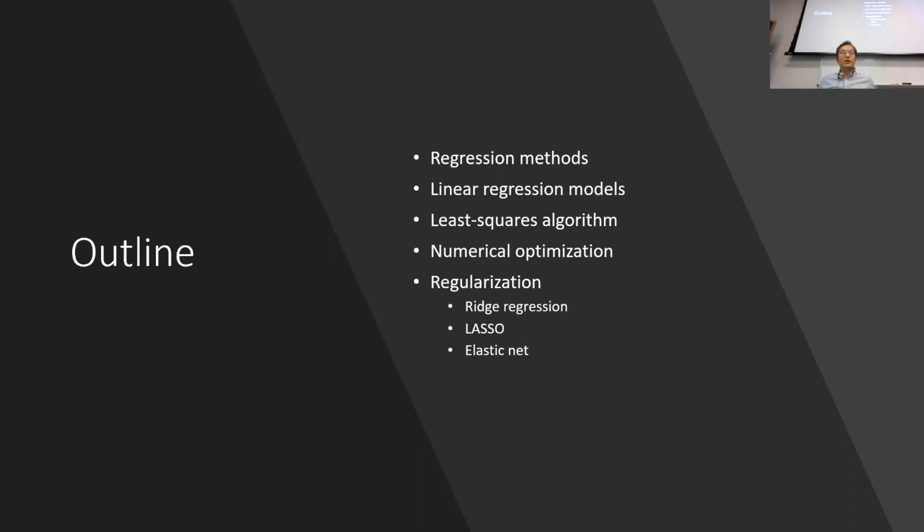Regularization, and we will discuss ridge regression, lasso, and the elastic net. Okay, so at the end of this topic, you should have a general concept of all of this.